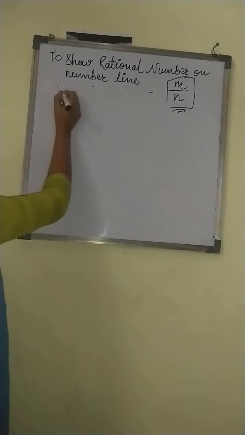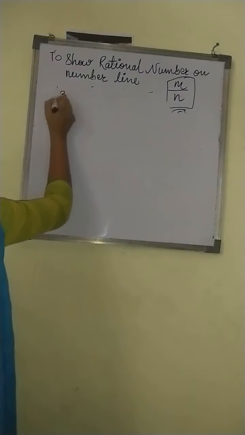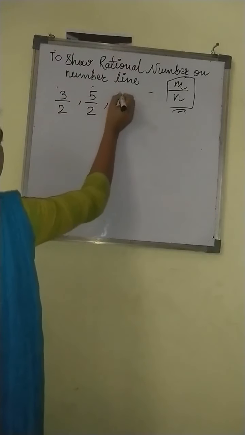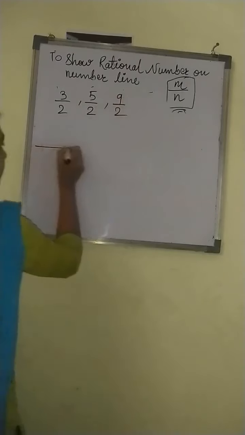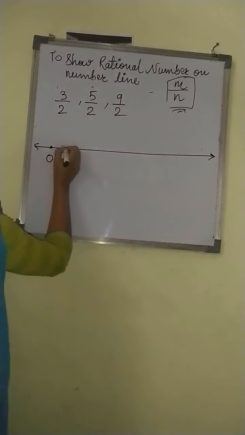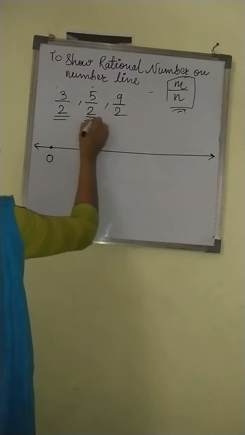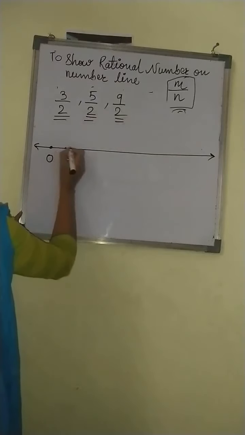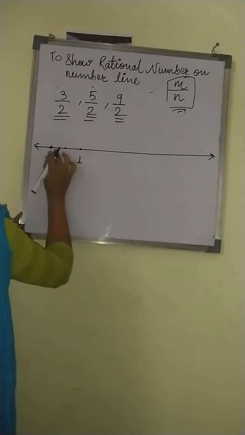So what will we do? 3 by 2, 5 by 2, 9 by 2. Again, draw one number line starting from 0. 2 is there in the denominator. So how many parts are we going to make? Two parts. 1, 2.